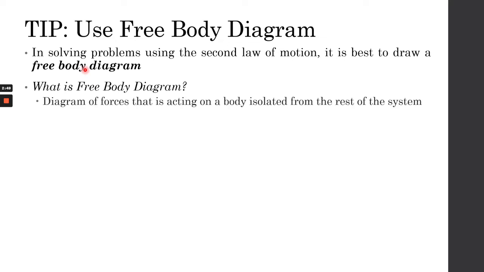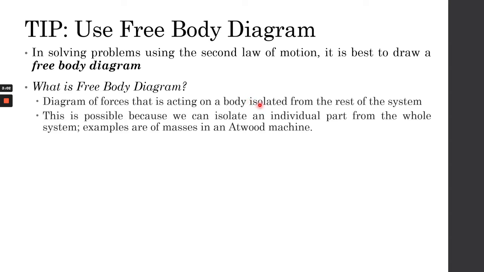It's basically a diagram of forces that is acting on a body isolated from the rest of the system. So let's identify what we mean by isolated from the rest of the system. Newton's laws of motion can actually be applied to individual parts of the system. When we talk about the whole system, we are looking entirely at what is happening in the motion. And then we can actually take it apart. In the second problem that we'll be solving today, you will see how we can do that.